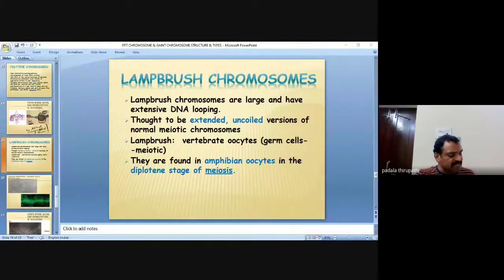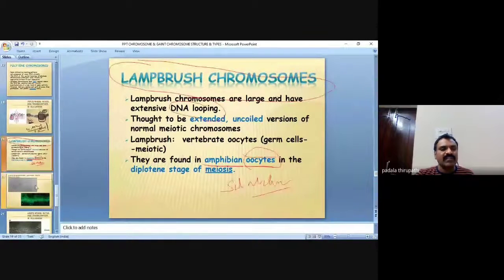In these haploid chromosomes of the salamander, how many loops are observed? DNA loops: more than 10,000 loops are observed in the lampbrush chromosomes of the salamander.